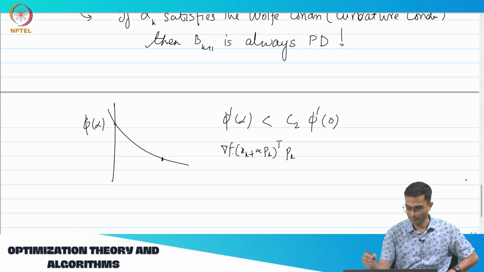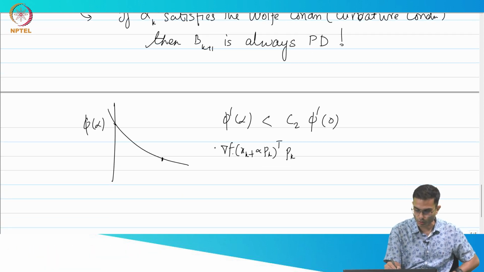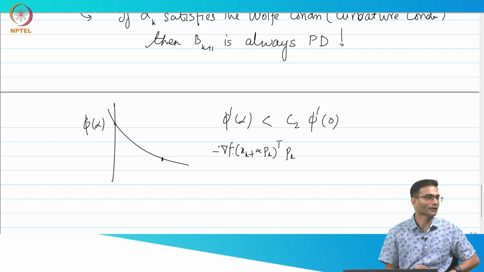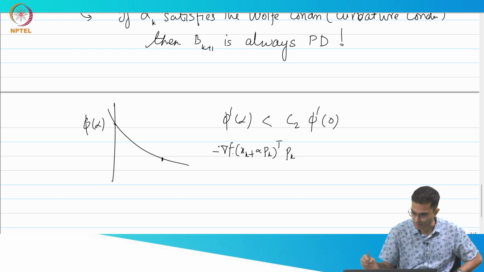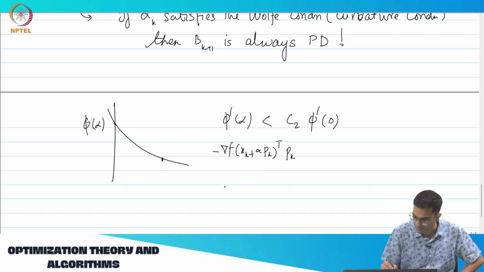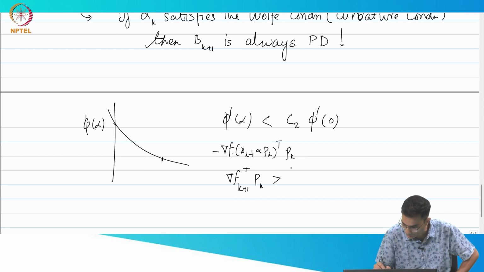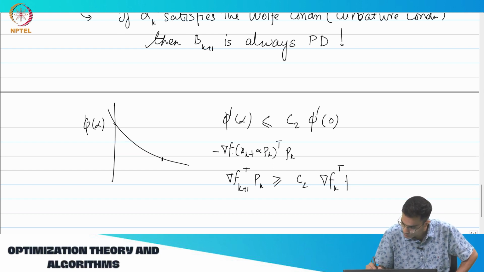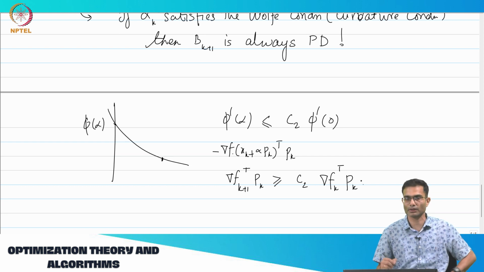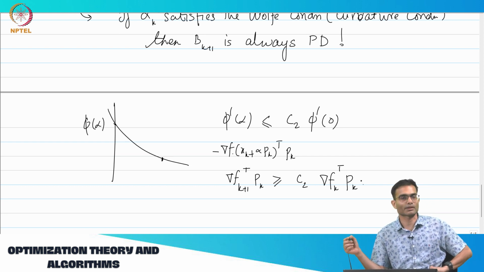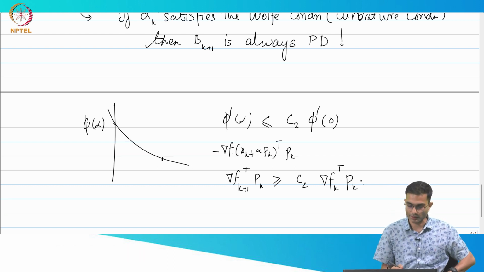And similarly for this we can write it over here. But in order to get the slope over here with a positive sign, I had to put a negative. Okay, that's how we had worked it out. So basically what this would translate to is grad fk plus 1 transpose pk is greater than or equal to C2 times grad fk transpose pk. If you are a little rusty on your curvature condition, this was a quick recap.